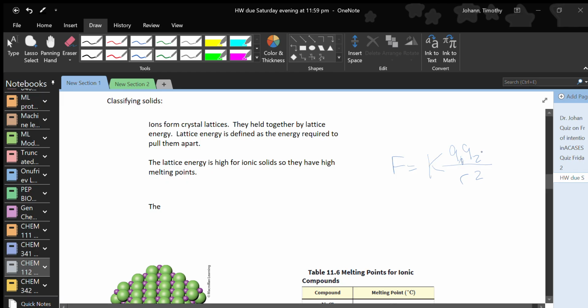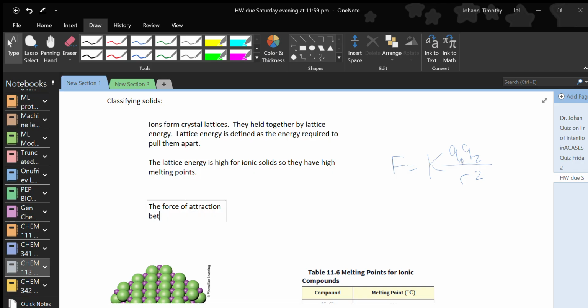So the force of attraction between two ions increases with increasing charge, and increases with decreasing distance between the ions.